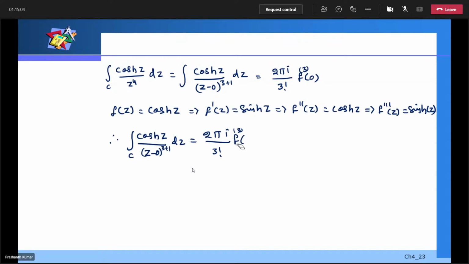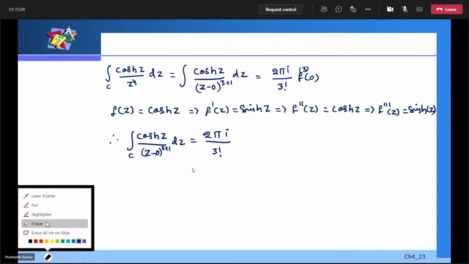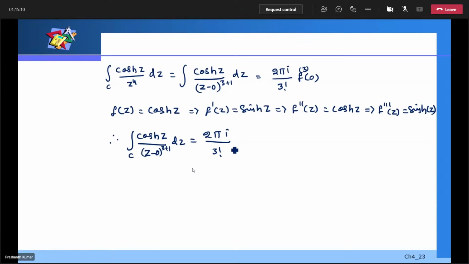Directly I will write this value, otherwise one more step: the third derivative at 0 gives 2 pi i by 3 factorial into sin h of z naught.